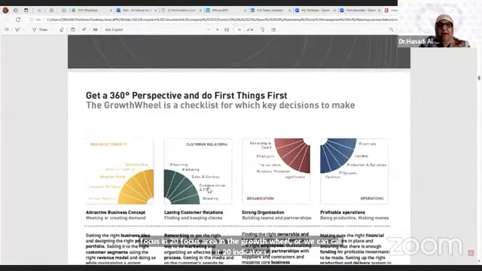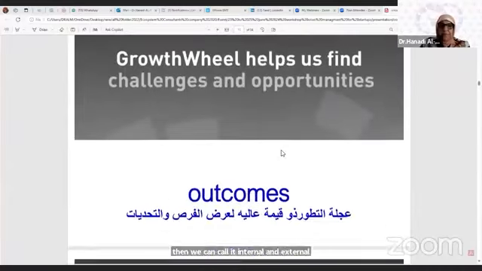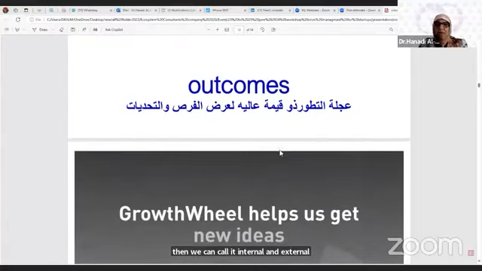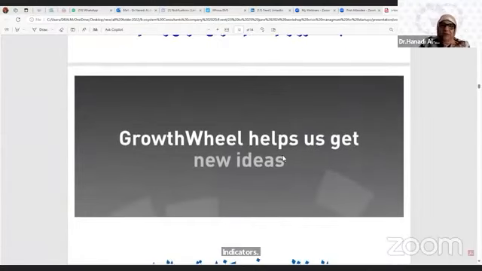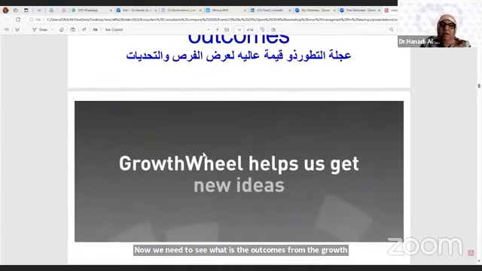If we divide our circle into an upper part and a lower part, we can call them internal and external indicators. Now we need to see what the outcomes from the Growth Wheel are. The Growth Wheel helps us get a new idea, and this is what they're looking for.